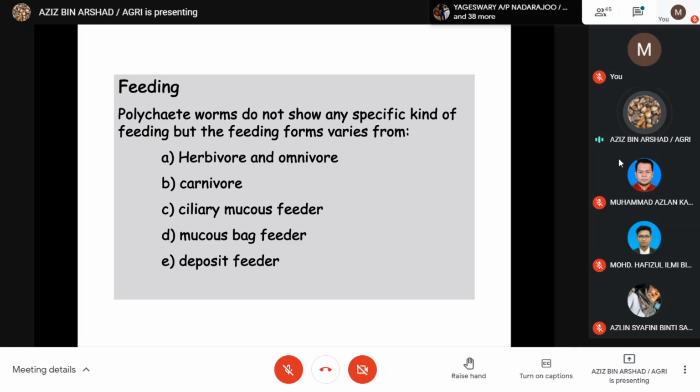One-third of the members of Annelida are represented by the polychaete worm. So they can be herbivore or omnivore. They can be carnivore as well. They can be mucus feeder. They can be mucus bag feeder, or they can be deposit feeder. So all these are the different variations of the feeding forms that you can gather from class Polychaeta.